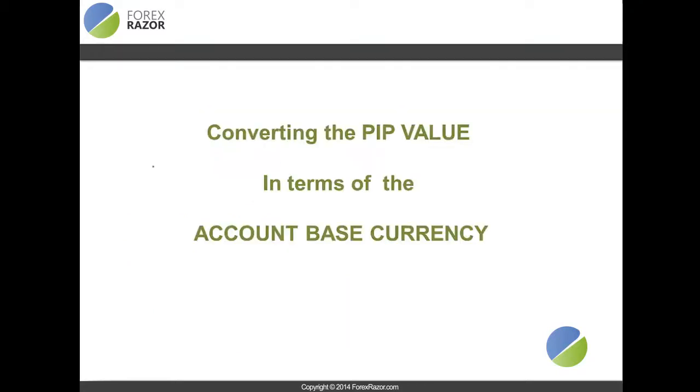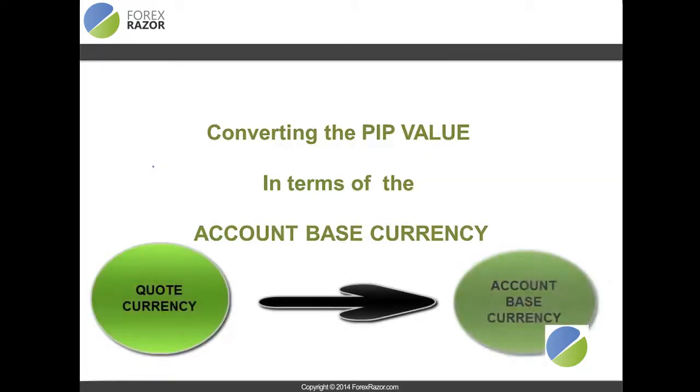Often, the account-based currency for your trading account is different from the currency pair that you're trading. However, the pip value displayed in your account history will be in terms of your account-based currency. Therefore, we shall now be going over how to convert these pip values which we just calculated from the code-based currency terms into your account-based currency. This is fairly simple.